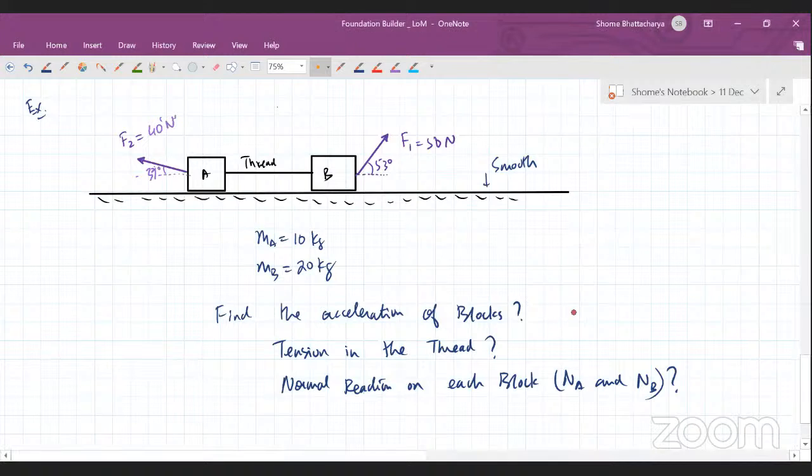Okay, let me start by giving you the answer. The acceleration you should be getting should be equal to 1 by 15 meters per second square, or approximately 0.067. Very small amount of acceleration you will get.